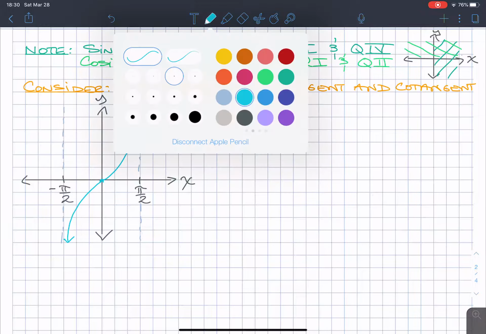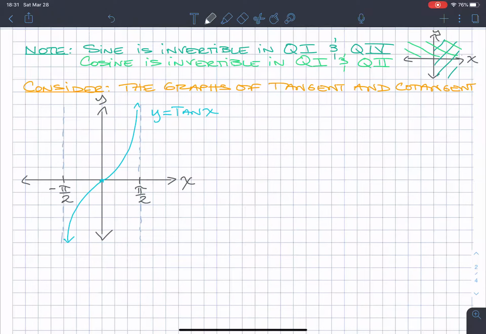Okay, in order to plot the inverse function, so x and y coordinate axes, I would change this so that my vertical asymptotes are now my horizontal asymptotes. So therefore, I'm going to have positive pi over 2, negative pi over 2 on the vertical or y-axis.